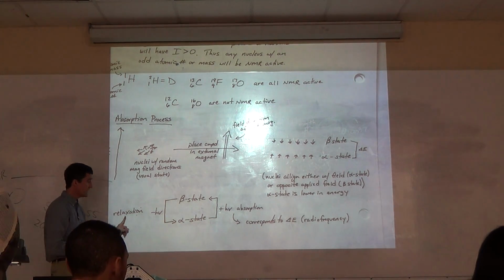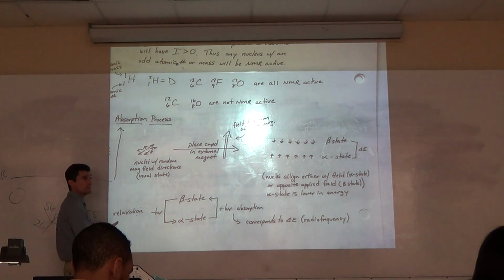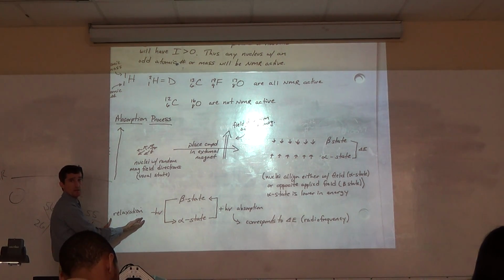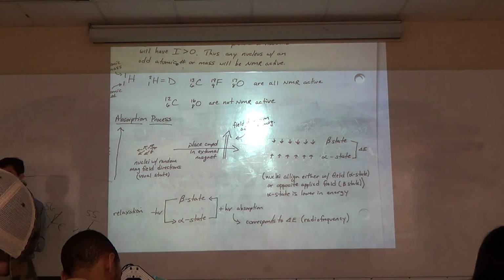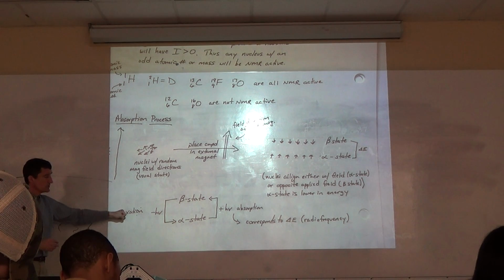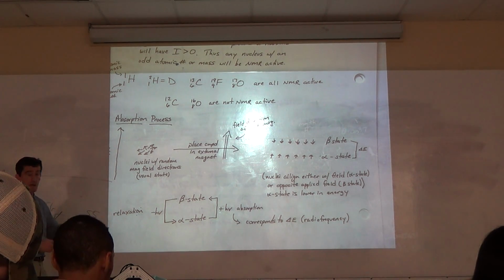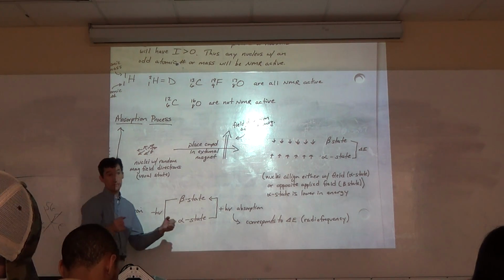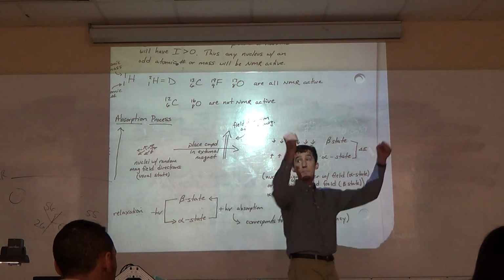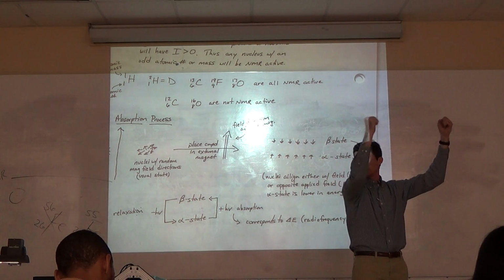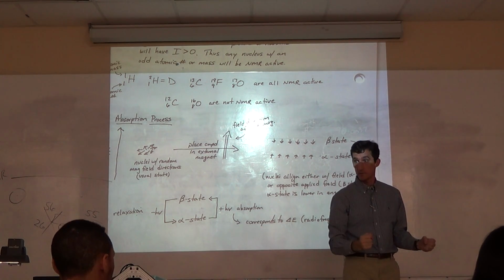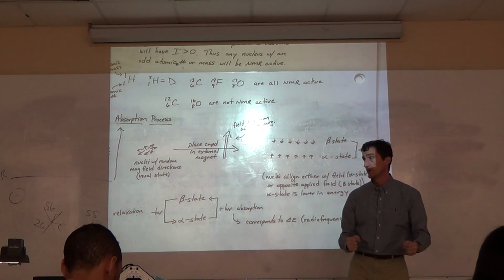Now, the only reason I point that out is because what we measure is actually not absorption, we actually measure relaxation. But it's the same thing essentially. We will use the term relax later on. That's the energy being given back out. Because remember, we never talked about it, but the bond may go up here. Does it stay up there forever? No, it falls back down. We didn't talk about how.